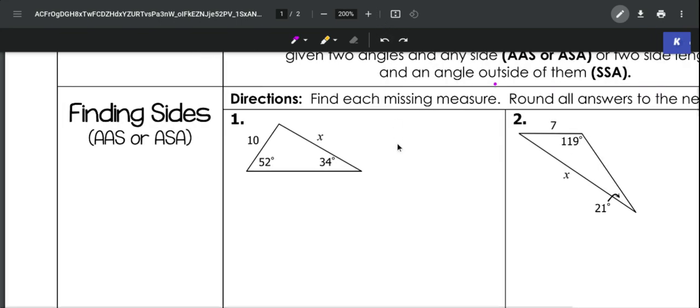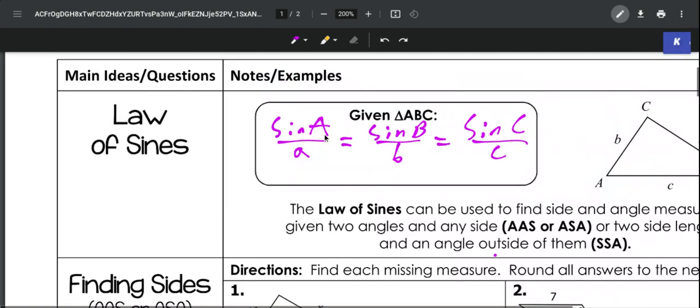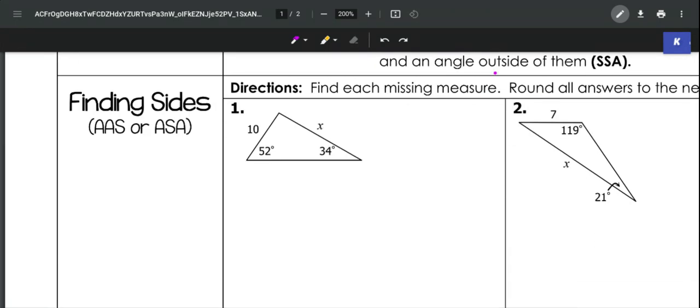Here you don't have to worry too much about A and B. What I want you to do is find each of your angle measures and set up a proportion with the sine of each of those angle measures.